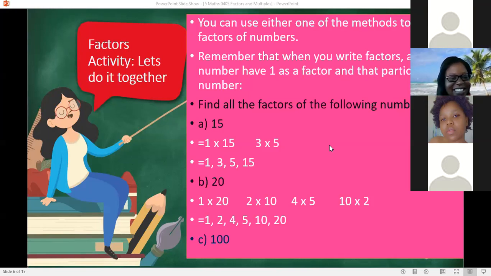Or is there any number that we can multiply with 50 to get 100? Now that's a clue. Which number is it? 50 times 2 is 100. Well done. So the next factor pair will be 2 times 50. And what is the next one?